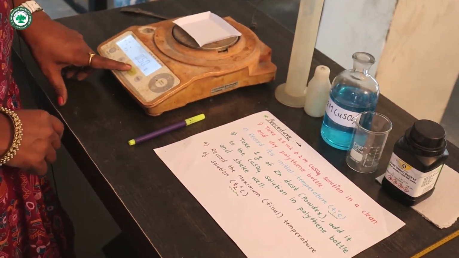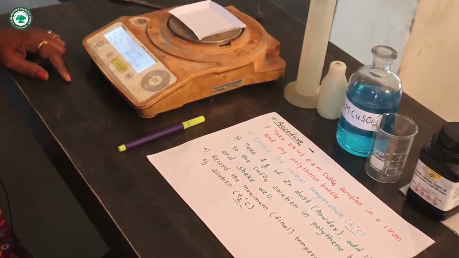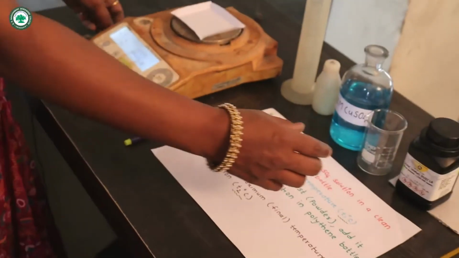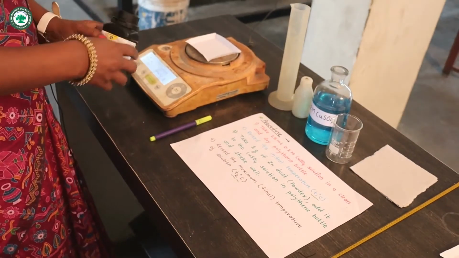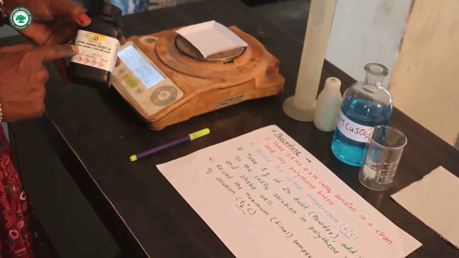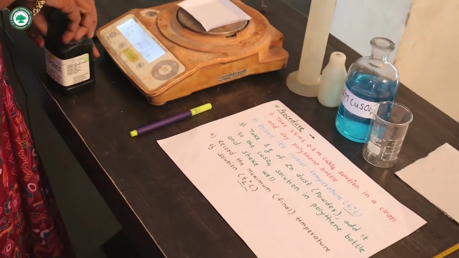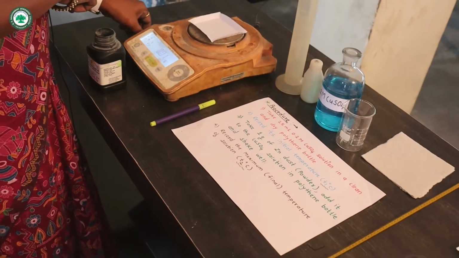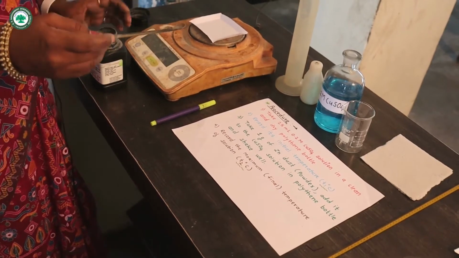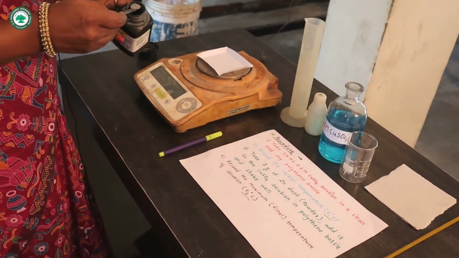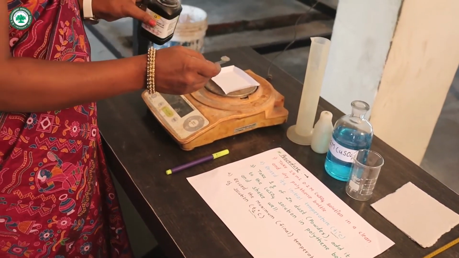Now nullify this reading to make it a 0.0 gram reading, and now weigh the zinc dust powder. Here in this bottle that zinc dust powder is there. Now use a spatula to measure the weight of this zinc dust. Here we have to weigh exactly 1 gram.